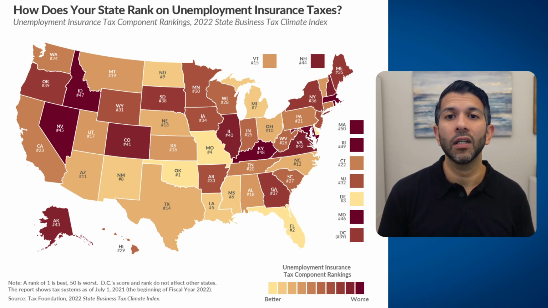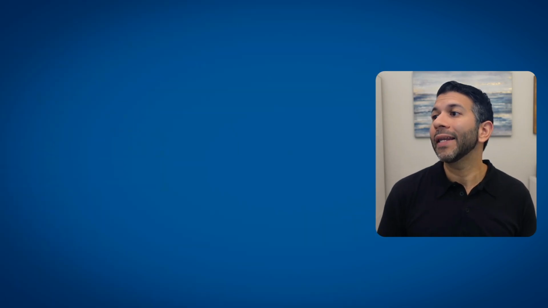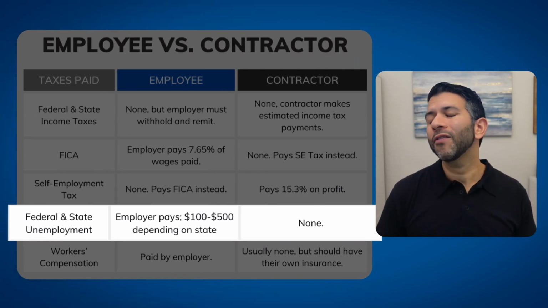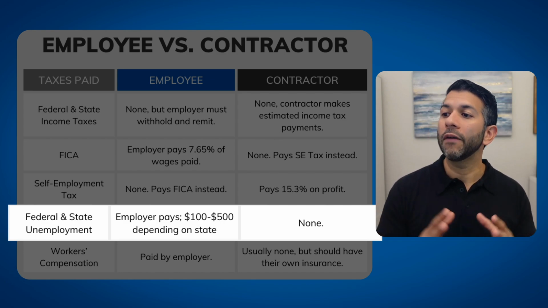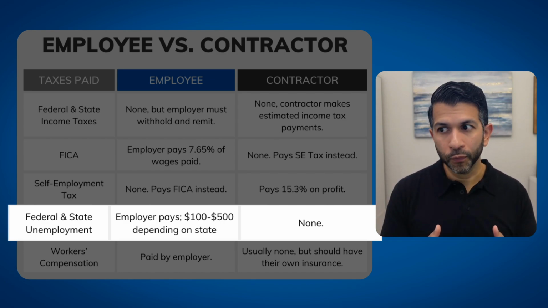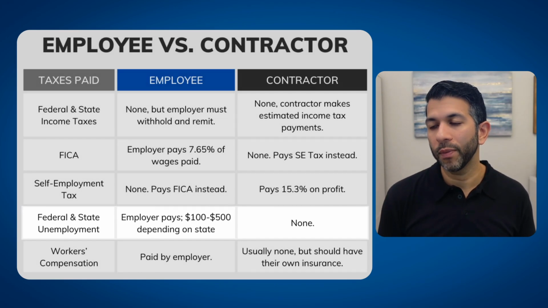I think Washington State is the worst state in terms of how much it could cost you, all right? Now, if you're a contractor, you don't have to pay unemployment insurance, so you don't have to worry about this. But if you're an employee, the employer, okay, this is the employer's responsibility, pays those federal and state unemployment taxes.